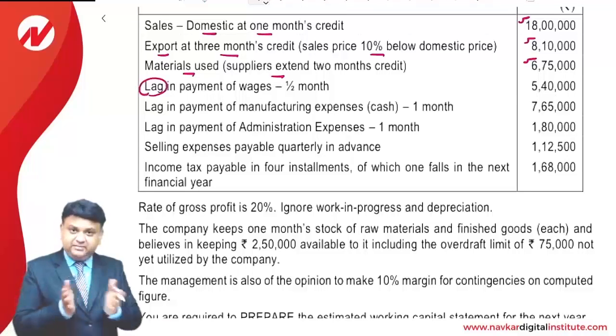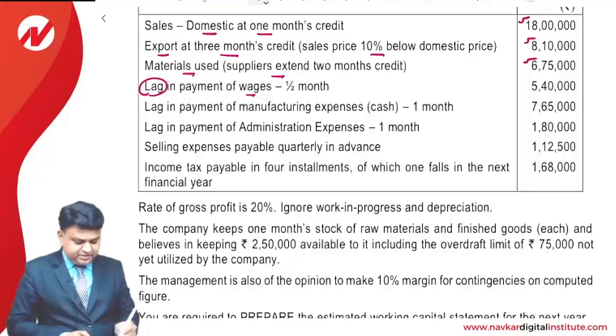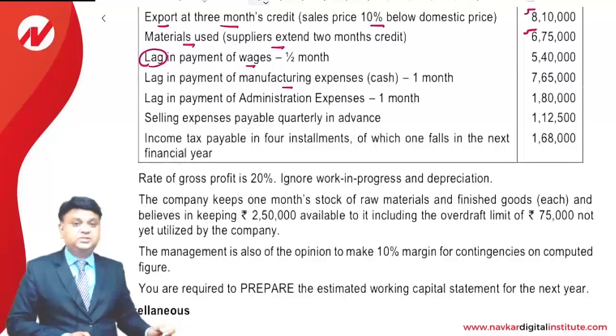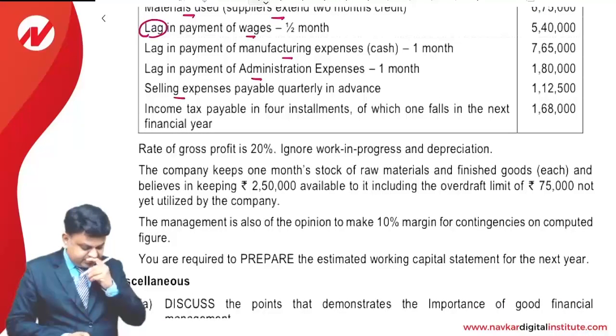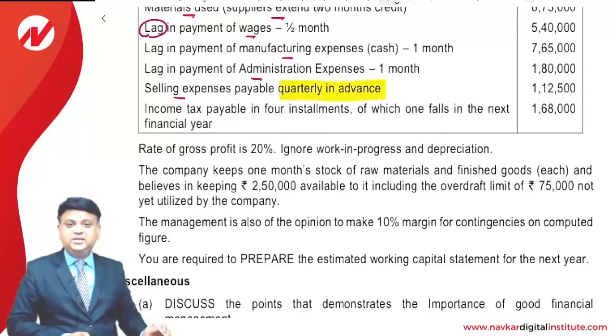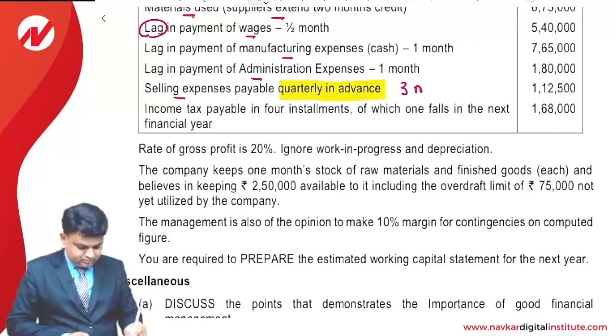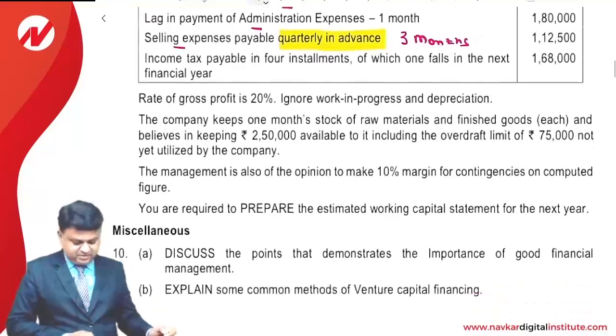Lag, that is the time lag in the payment of wages, is half a month. Lag in the payment of manufacturing expenses is 1 month. Administration expenses, again credit period is 1 month, 1,80,000. Selling expenses are payable quarterly in advance. One quarter consists of 3 months, so 3 months of selling expenses will be paid in advance.